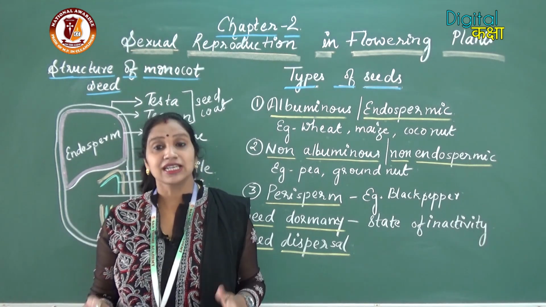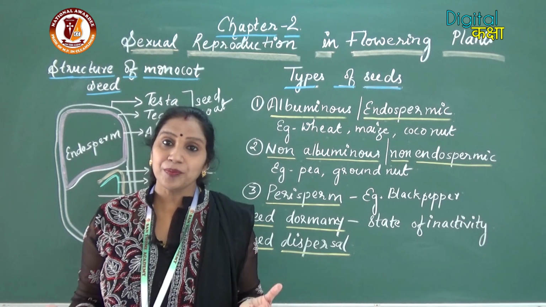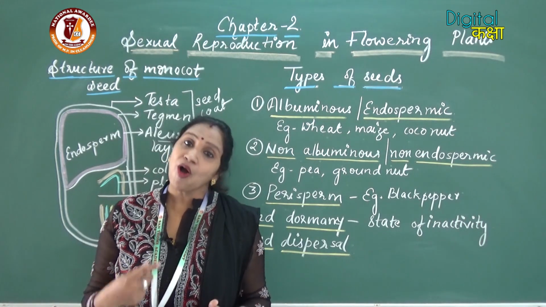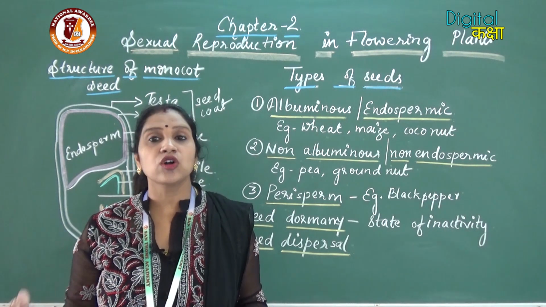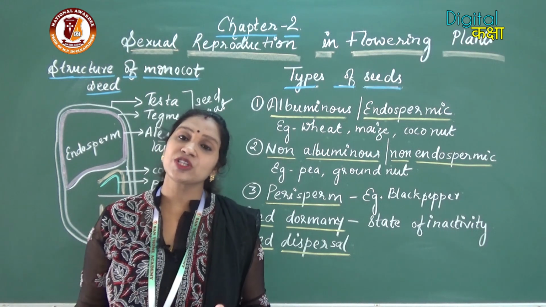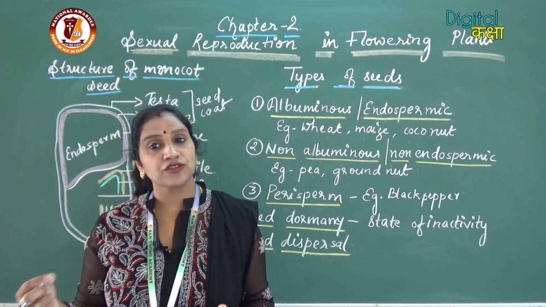Now after that, the fruits open and the seeds fall down either right there, or they are dispersed along with the abiotic agents, or the biotic agents also help in the dispersal of seeds.